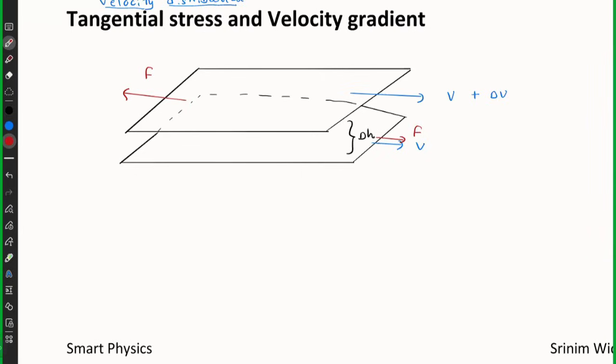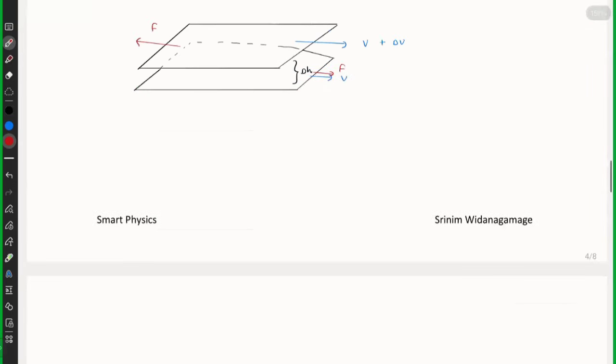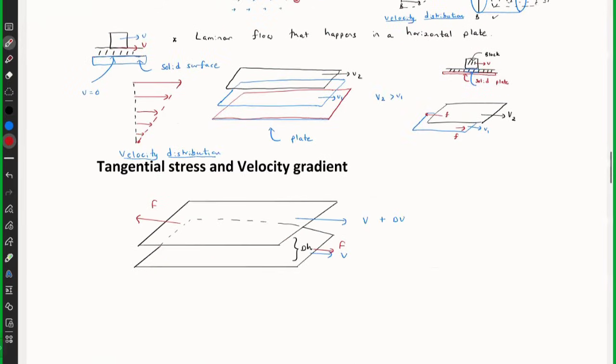Now, if you think about this, what can we say? Can you see the force occurs along the area? So what happens if the force occurs along the area? This is what we define as a tangential pressure or a tangential stress. You know what pressure normally is, right?